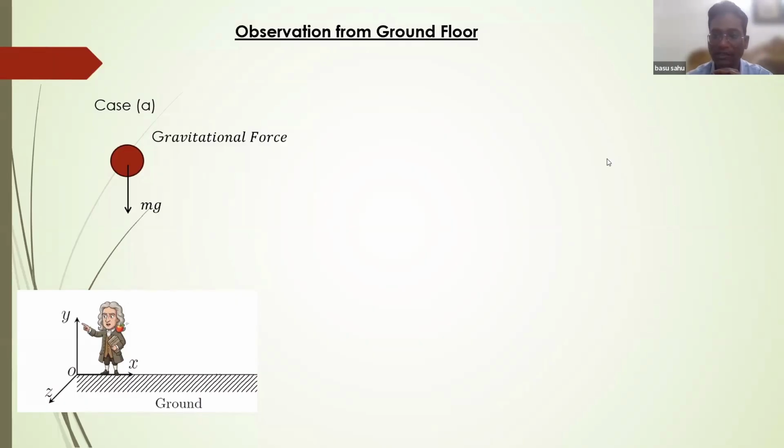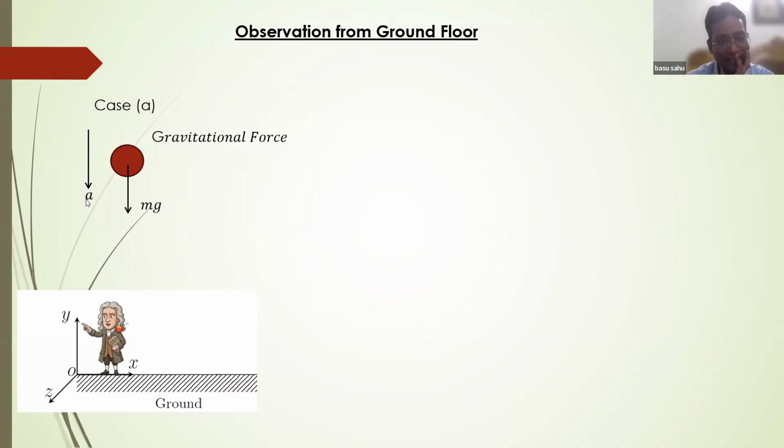We will not consider any drag kind of force because we are assuming no drag force is acting on this ball. This is our assumption. This is the direction of acceleration. I cannot show this as m into a in this direction. You will get the answer, but it doesn't mean that you are doing proper justice with this ball with reference to the ground frame.